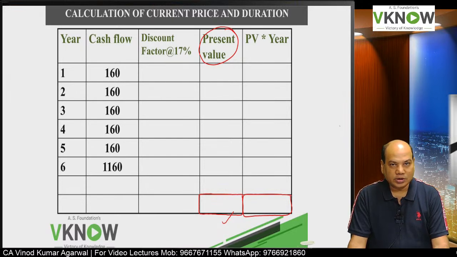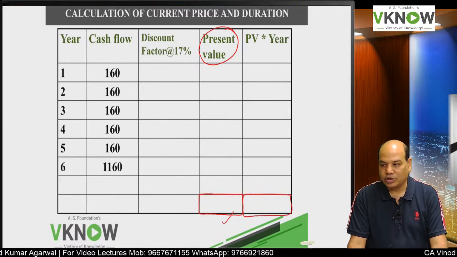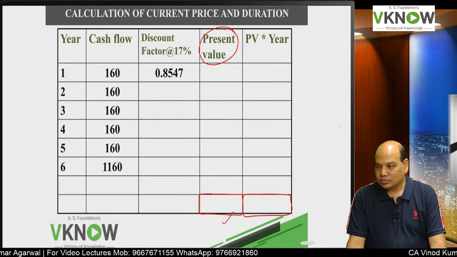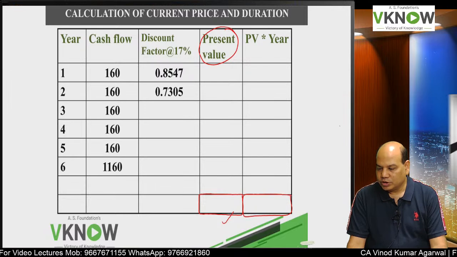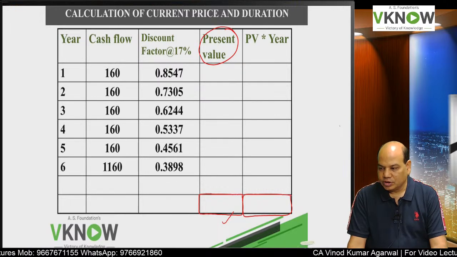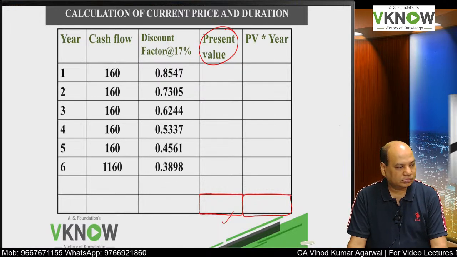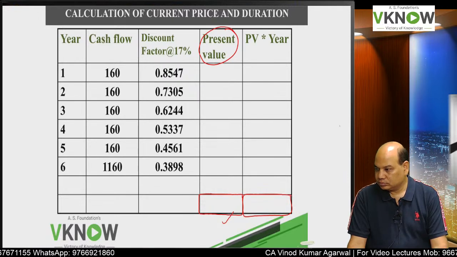Then calculate the present value factor. 1 divided by 1.17: 0.8547. Press equal to again: 0.7305. Press equal to and write down the factors. These are the factors you will get. Check if it is right.